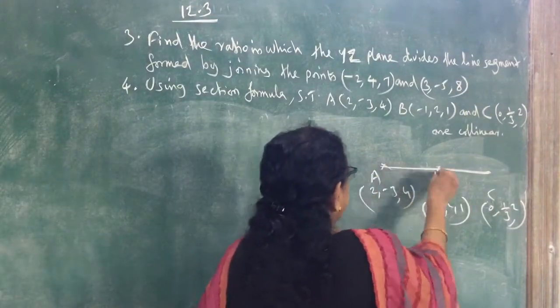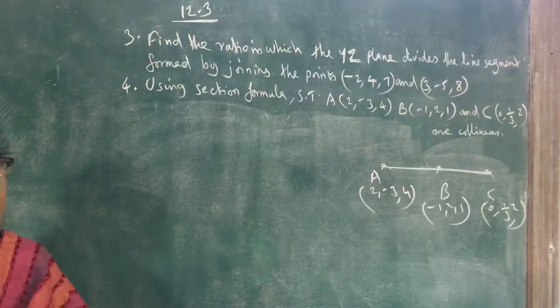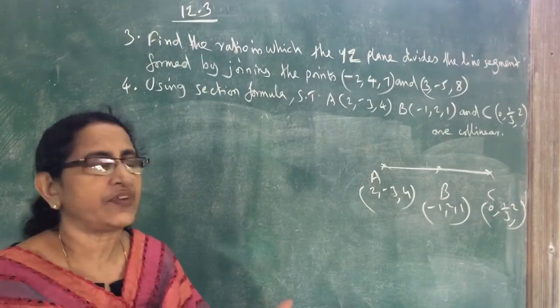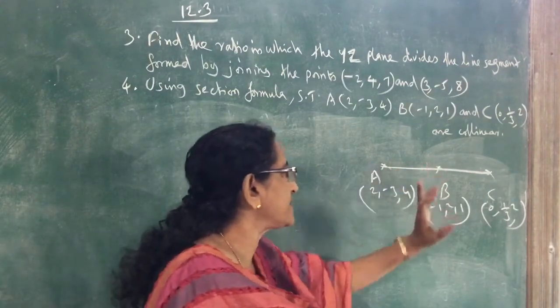So for that, we find the coordinates of a point P which divides AB in the ratio k is to 1. So in terms of k, we are going to find the coordinates of a point P which divides AB in the ratio k is to 1.